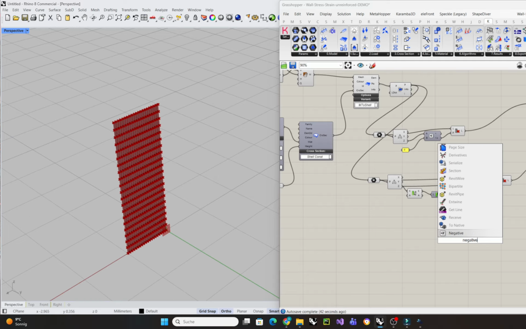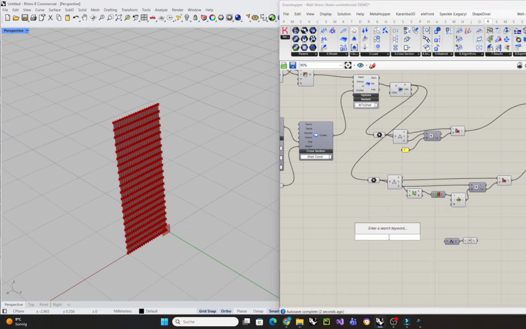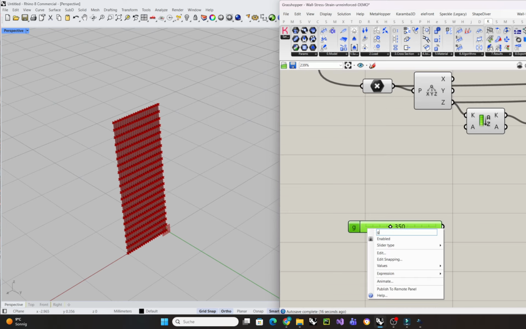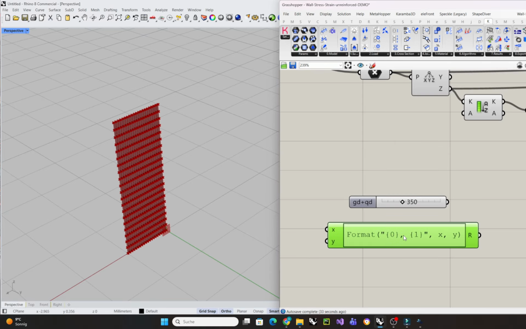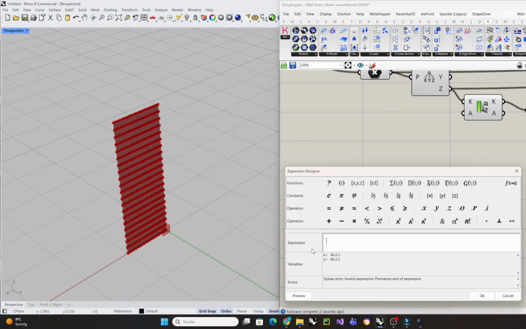This will be negative Z. As that load, I will use, as this is from the slab, the coming load from the slab is the dead load plus the live load as design loads, and I'm going to add the self weight of the wall, which I decided to make with a formula.